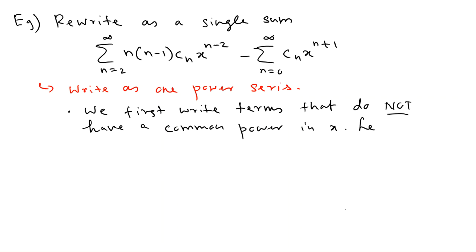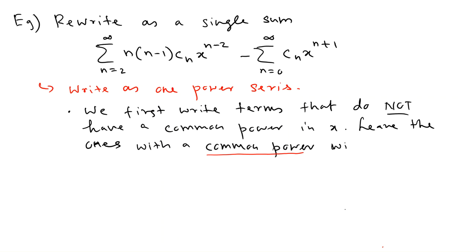And then leave the ones with the common power within the sigmas. Leave the ones with the common power within sigmas. Okay, so that's the first thing we do.